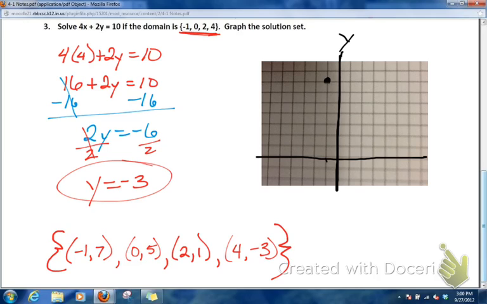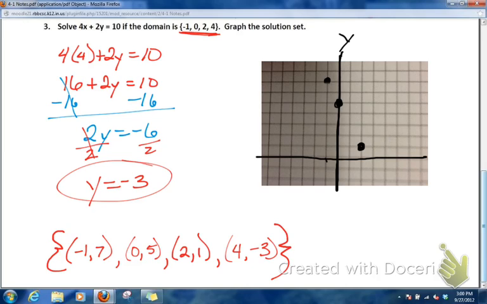And then 0, 5 would be 0, 1, 2, 3, 4, 5, right there. Then we have 2, 1, so 1, 2, 1 puts us right there.